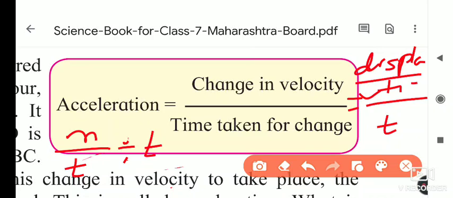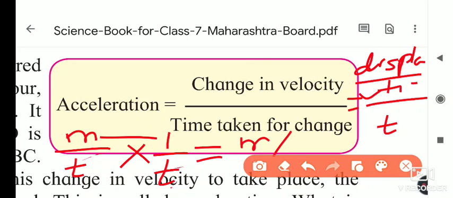Suppose we want to remove this divide sign, what are we doing? We give a multiplication sign here, and the t is written as 1 upon t. The numerator becomes the denominator. Now the numerator is m, and t into t means t squared.